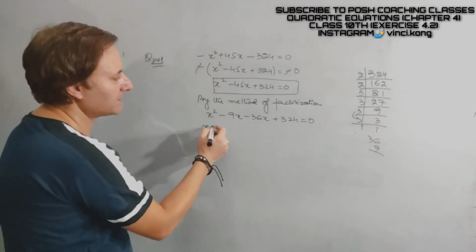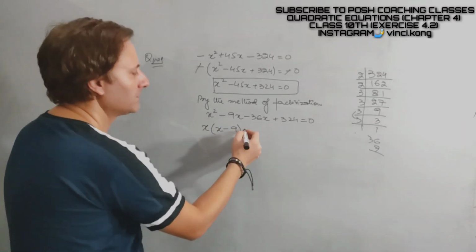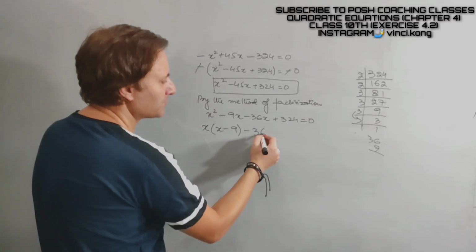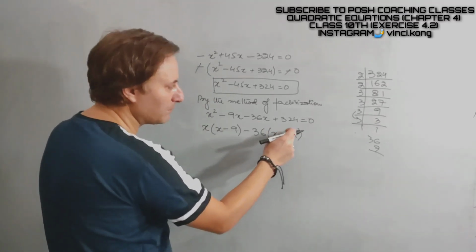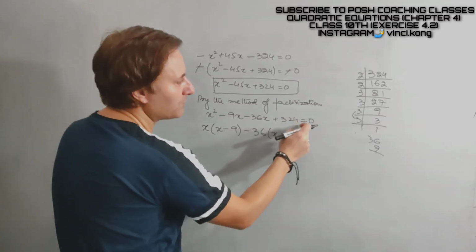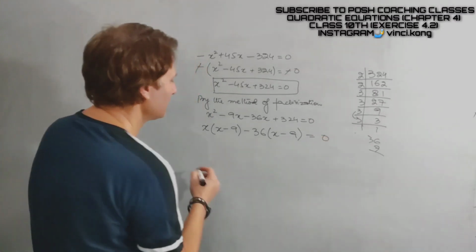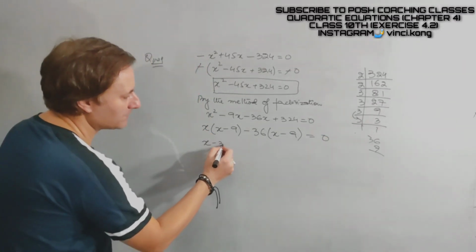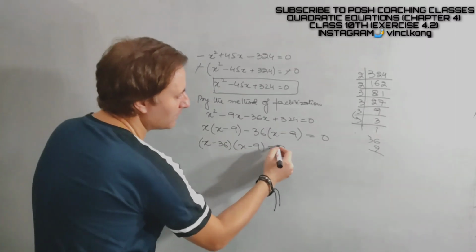Now I'll take x as common, so what do I have? I have x minus 9 here. Then I will take 36 common, I will have x minus 9. Why? 36 multiplied by 9 is 324, which we just saw, equals 0. So now x minus 36 and x minus 9 is equal to 0.